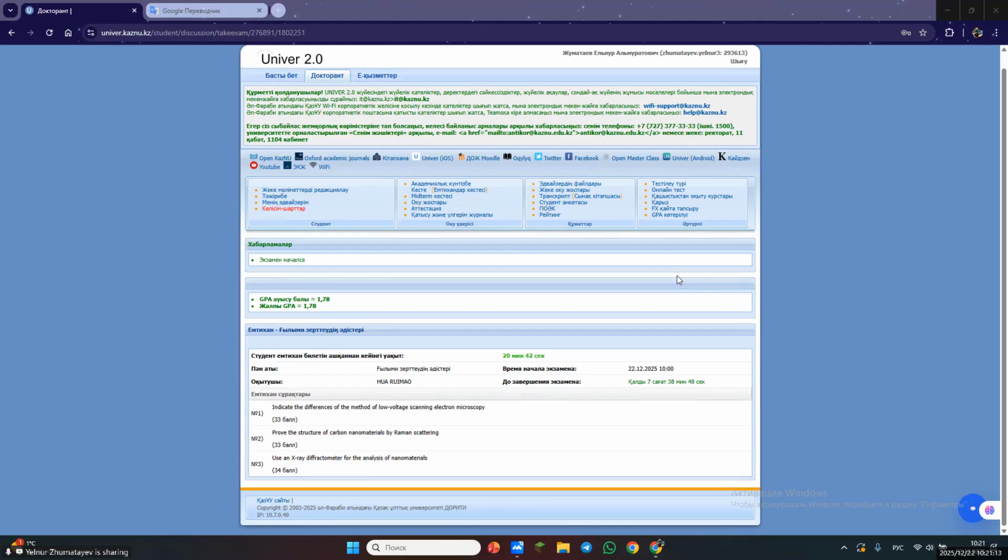So that means in your research work you will not use the low voltage SEM. Yeah, this is not a very important analysis method for my work, I think.